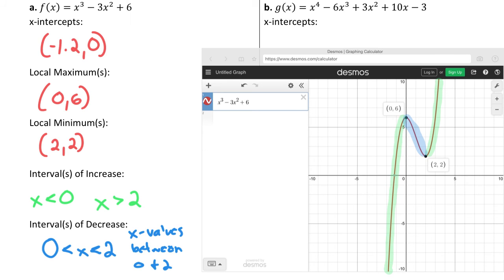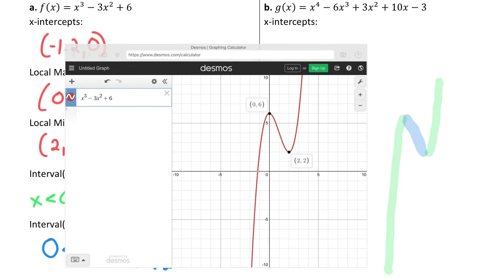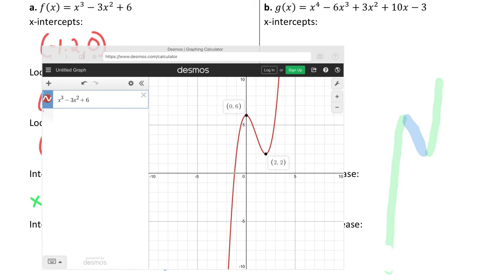Okay? So finding those intervals of increase and decrease are important. But remember, you always read the graph from left to right, and you describe intervals of increase and decrease using x values. So I'll erase this out.